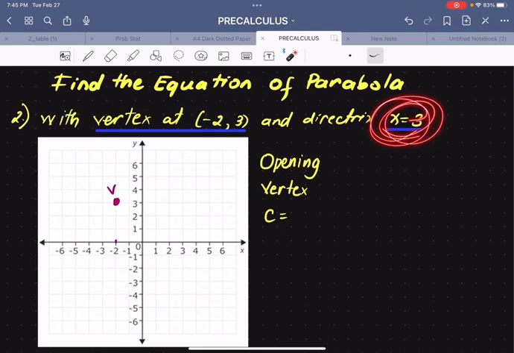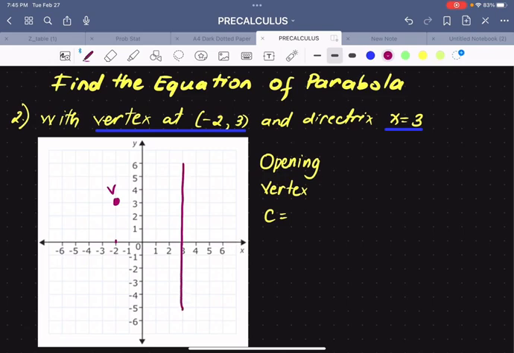So x is equal to 3, that is a vertical line. Okay, so here in x is equal to 3, this is our x is equal to 3. So the vertex is located here and the fixed line or the directrix is located here.